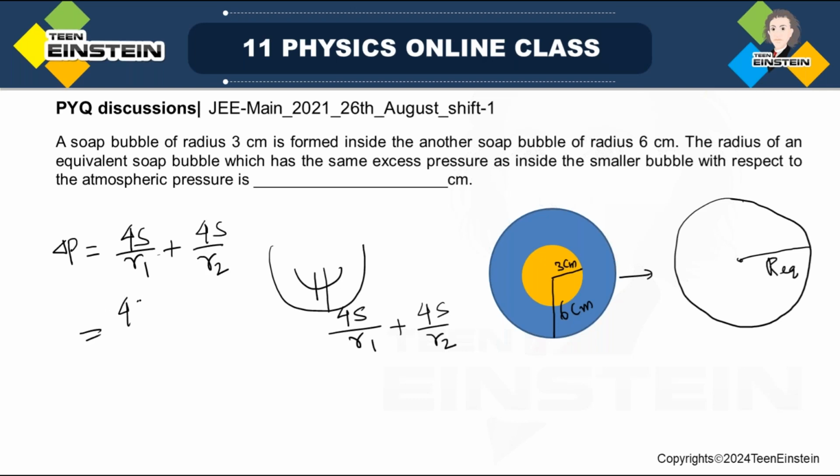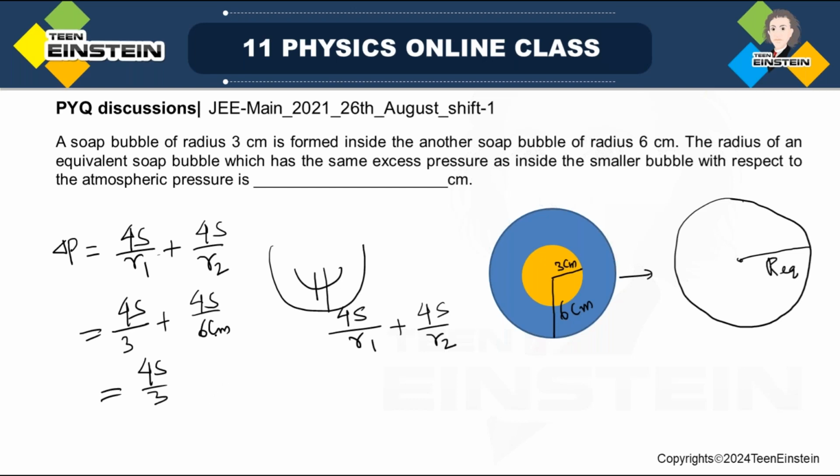So I get 4S by r1, which is 3 centimeter, I'm just keeping it in centimeter, and 4S by 6 centimeter. So it will give you 4S times 1/3 plus 1/6, which is 2 plus 1 by 6, so this will give you 4S by 2. Let me check once again.